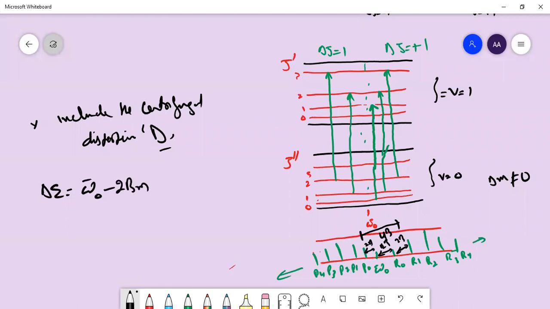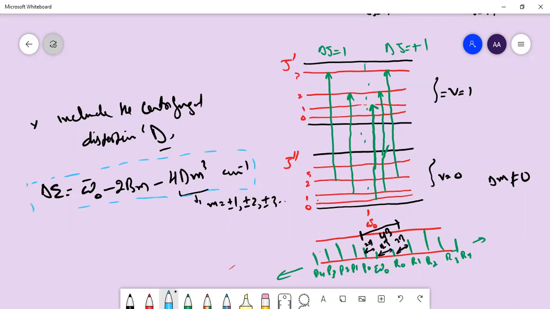So this is the equation which we got. What we have to do is add 4Dm^3, that is our centrifugal distortion term. Here m is equal to plus minus 1, plus minus 2, plus minus 3, and so on. So this is the equation where we have included the centrifugal distortion, which is the actual case of a non-rigid diatomic molecule.